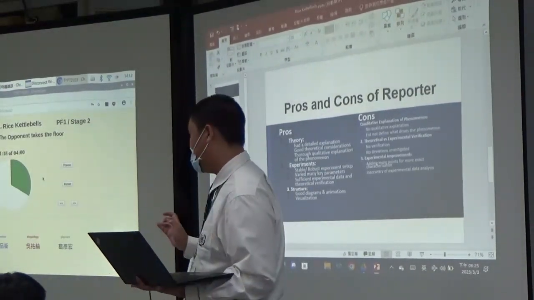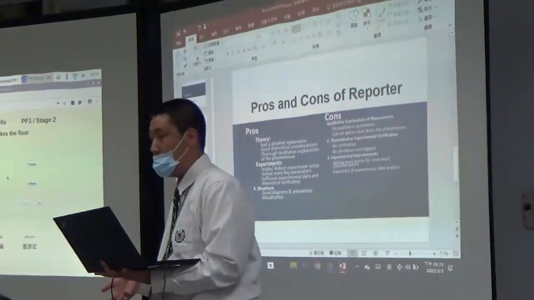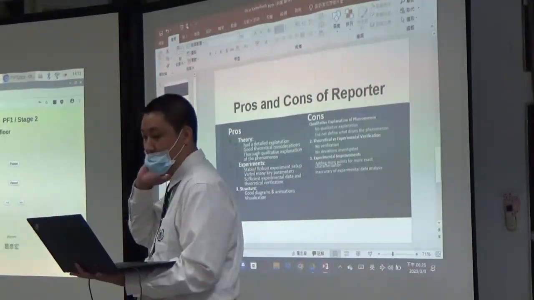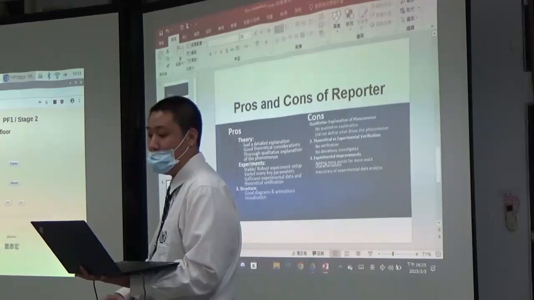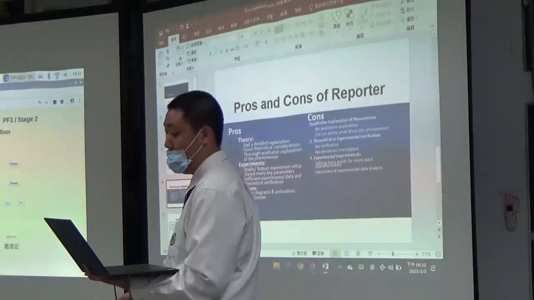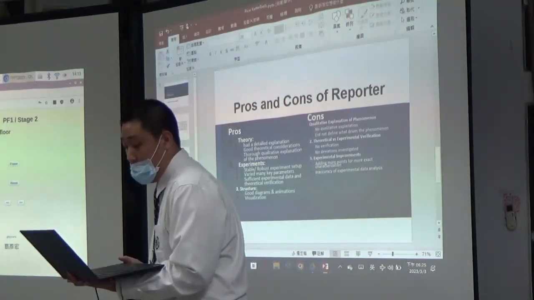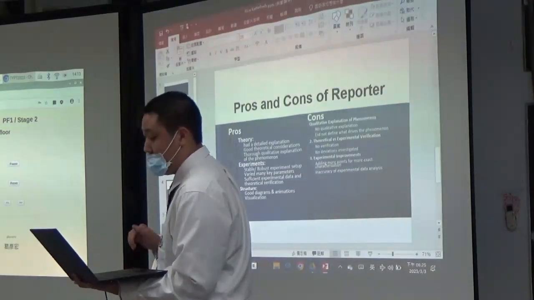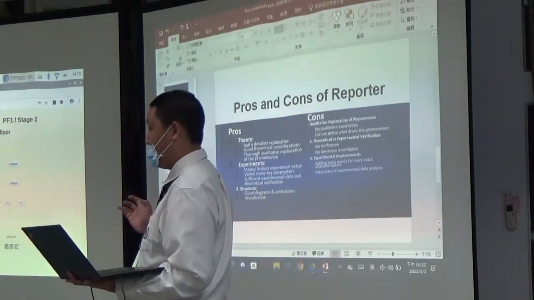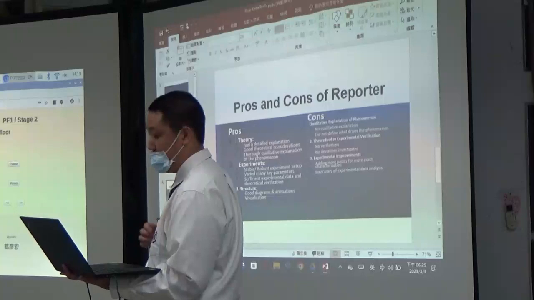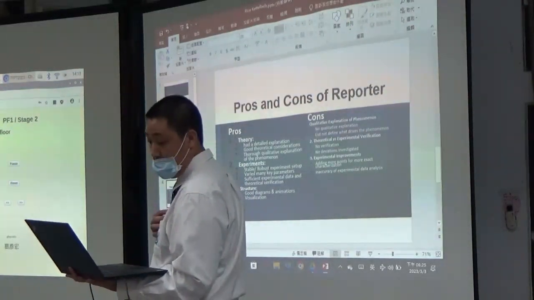Some of the good things about their presentation: first, in the theory part, they have a very detailed and thorough explanation and good theoretical considerations of this effect.